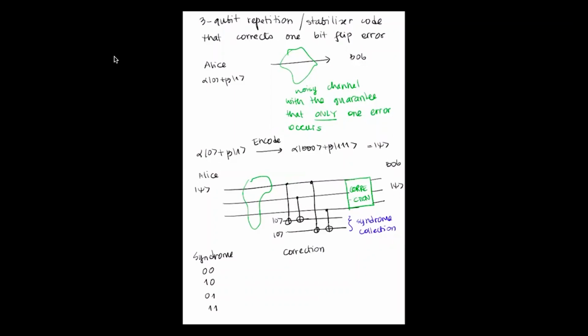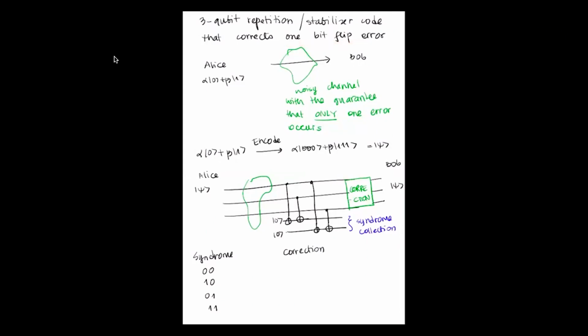And how do we do this? So recall again that this quantum channel promised that there will only be one noise on the way. So suppose the noise occurred here. I said that it will only correct one bit flip. So what does that mean?